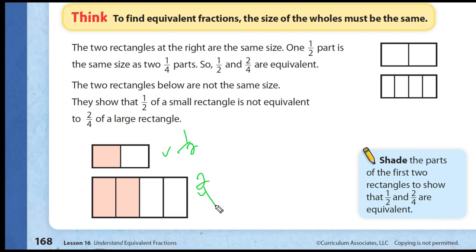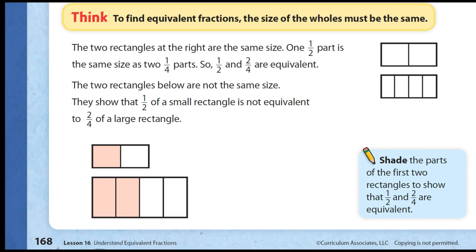Is it still a half shaded in? The bottom one right here? Yes, it is. It might be a different size, but it's still the same amount. Each one of those, a half is shaded in. So we should know that 2/4 is equal to a half. I want you to write those down.